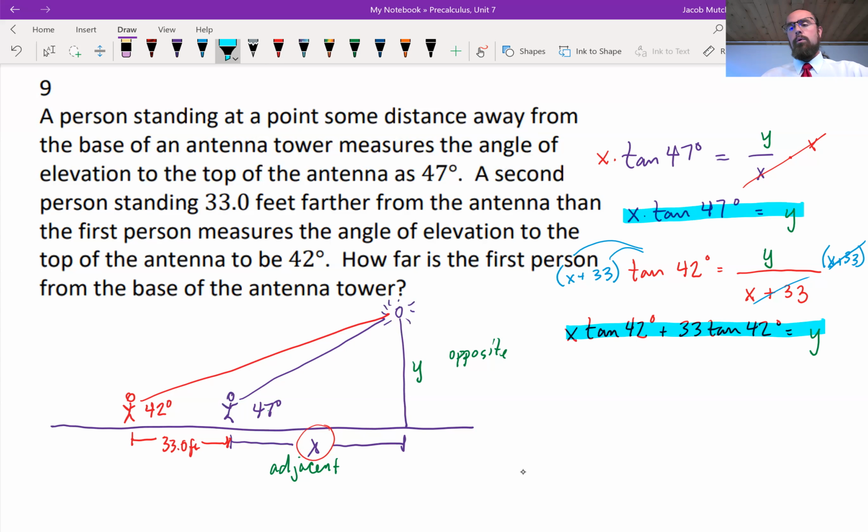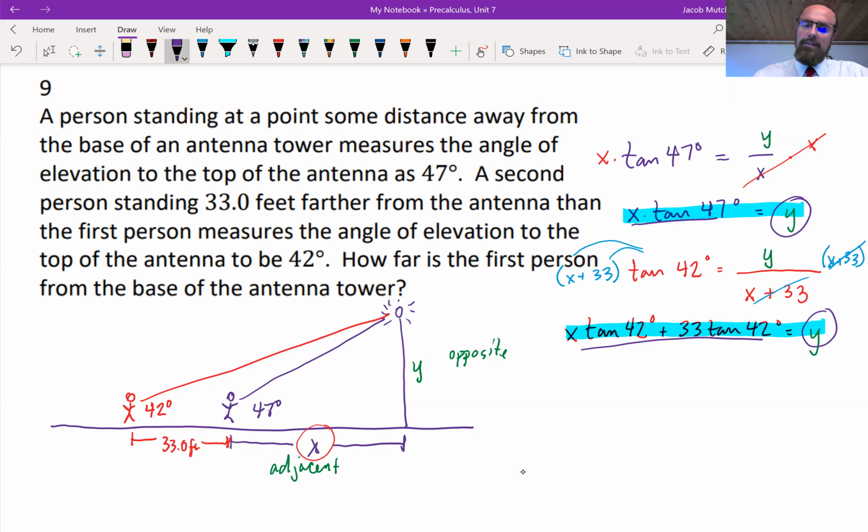Now, if they both equal y, that means that the left sides also equal each other. So it's a strategy we have from systems of equations from algebra. Since the right sides are the same, I can set the left sides equal to one another. And that's good news for us because that gets rid of variable y and allows us to solve for x.